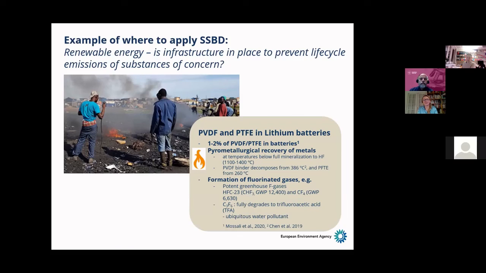We see a rapid upscaling of renewable energy technologies, but the question is, do we have the assurance that we actually have infrastructure that can treat these products at the end of their life?